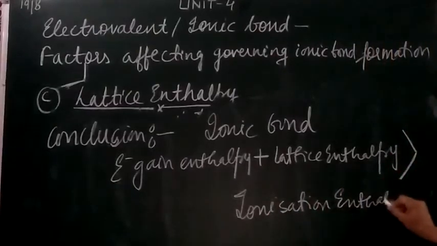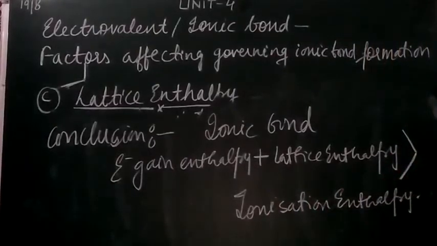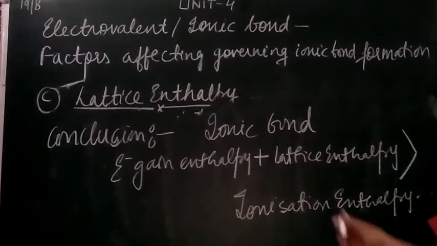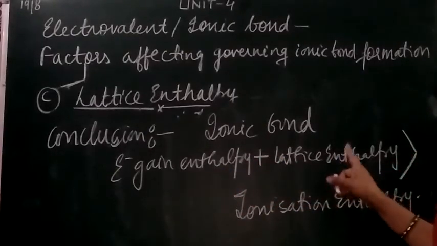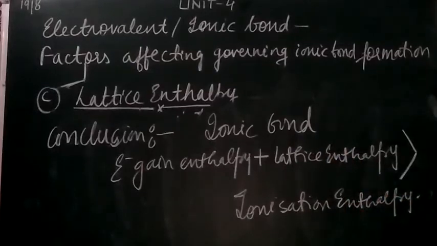So for the formation of the stable ionic bond, or for the easy formation of the ionic bond, the sum of electron gain enthalpy and the lattice enthalpy should always be greater than the ionization enthalpy.